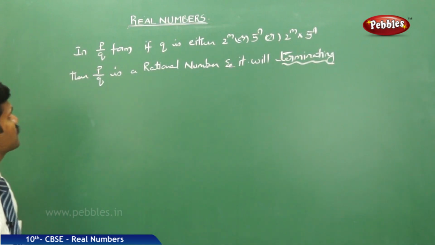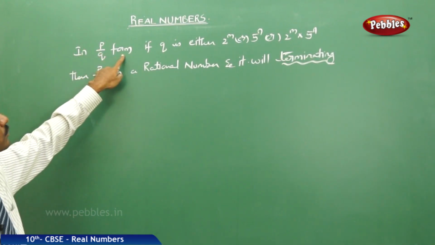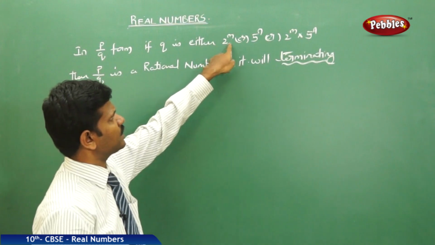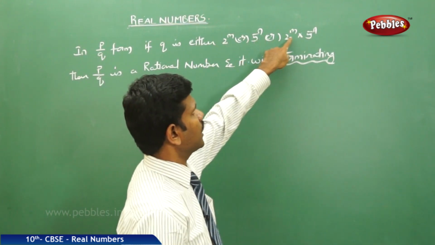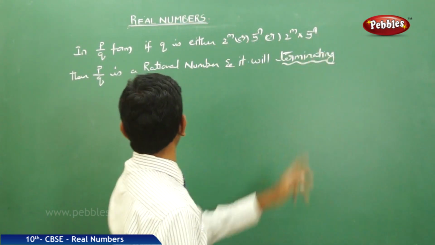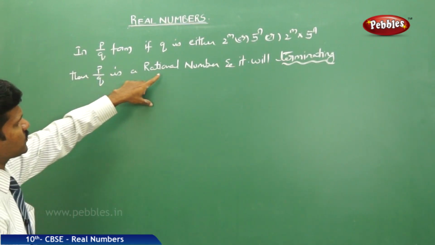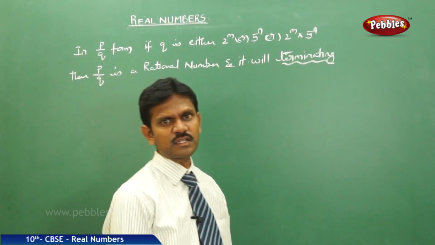Once again I repeat, in p by q form, if q is either 2 power m or 5 power n or 2 power m into 5 power n form, then p by q must be a rational number and it will be a terminating decimal.